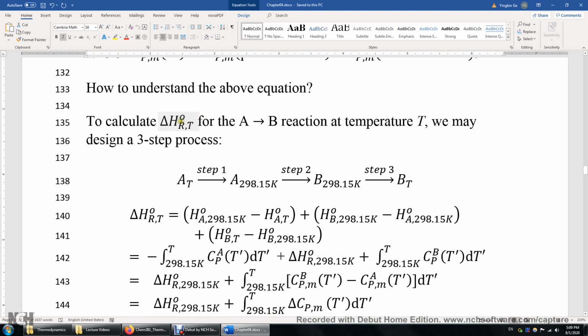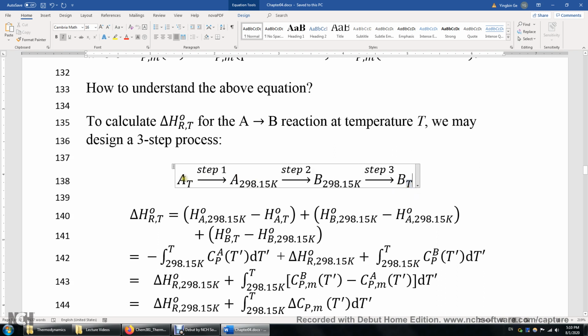When we look at the enthalpy of reaction, for example for the reaction from A to B at a temperature T, we can divide this reaction into three steps. In the first step, we convert A at temperature T to A at room temperature. Then we do this reaction at room temperature, because this information is often available. And then we change the temperature of B from room temperature to the target temperature T.